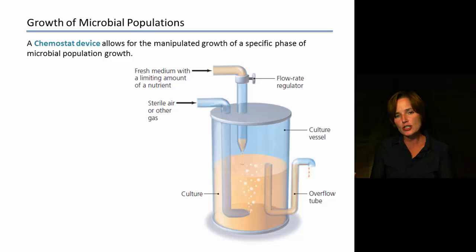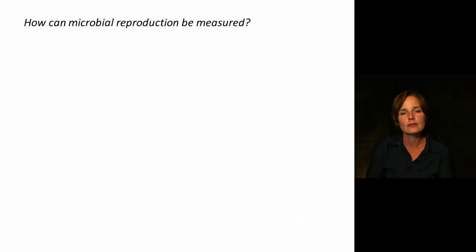And we also have a way to remove any depleted old media as well. So by carefully manipulating the media throughout our experiment, we can control exactly what stage or what phase of growth our microbes are actually in.